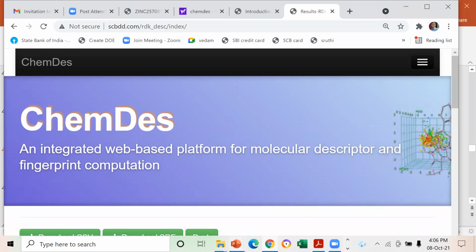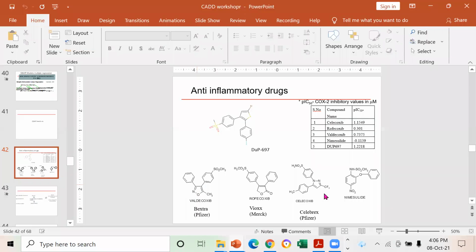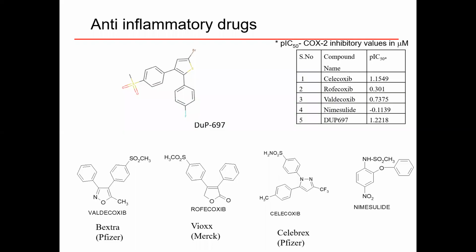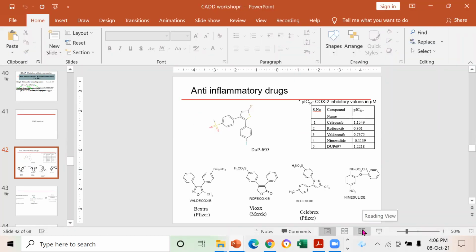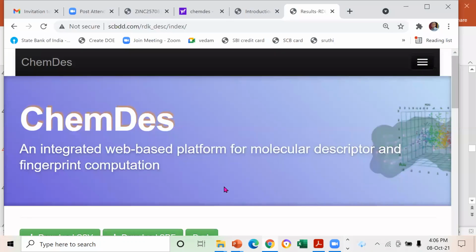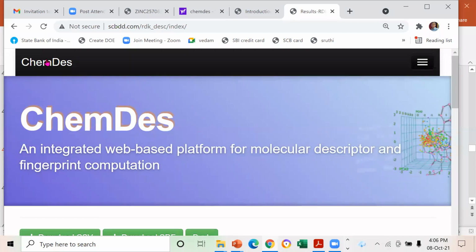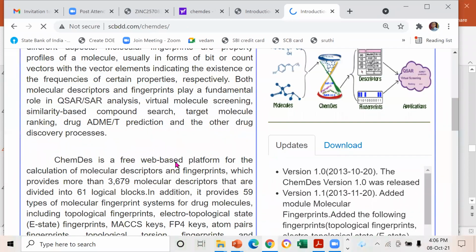Get the data from ZINC, try it out on your laptop, and download the CSV file, which will look like an Excel file.